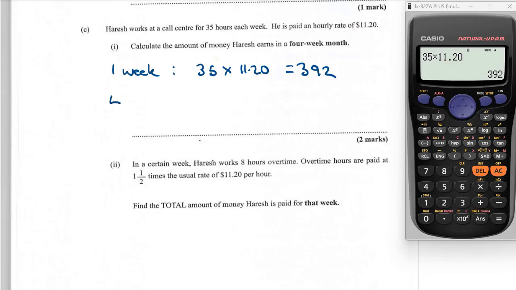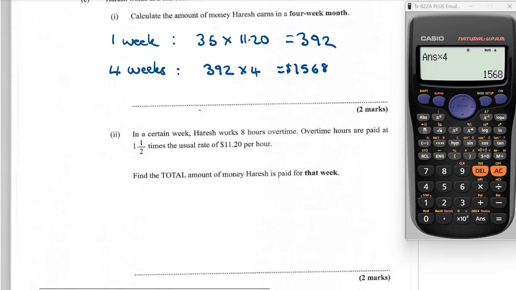So in 4 weeks, he'd have earned 392 times 4. So we times that by 4. That gives us $1,568. That's what he'd have earned in 4 weeks.